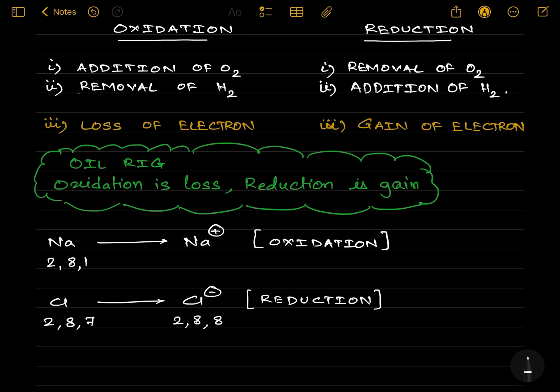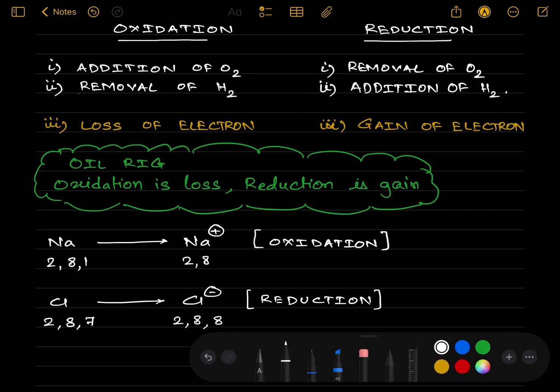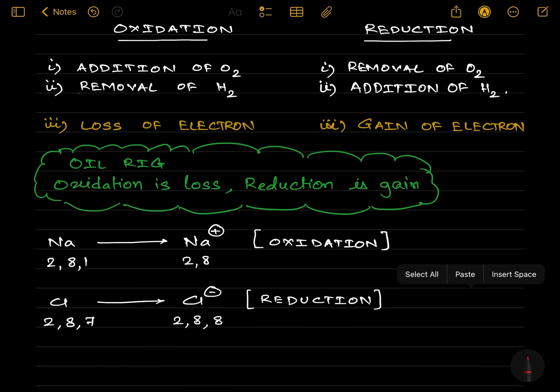So what do you mean by oxidation? Oxidation is a process in which there is addition of oxygen or removal of hydrogen, or most importantly loss of electrons. Reduction is a process in which electrons are gained. Let's go further. We talked about sodium losing one electron and chlorine gaining one electron.